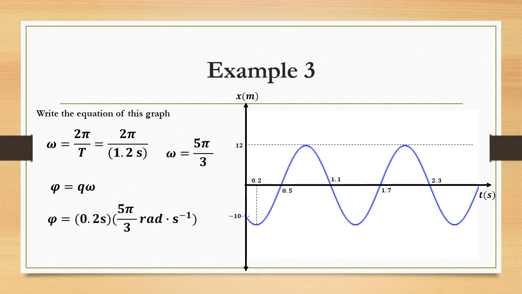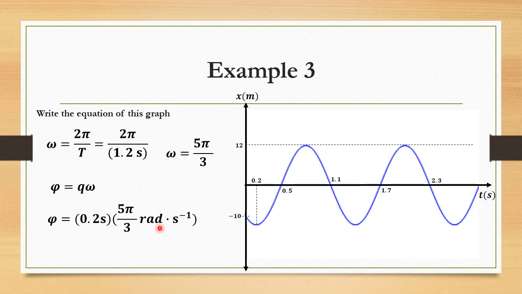I want to do something with units here to show you why this comes out in radians. Q, remember, is the amount of time that passes, so that's just in seconds. And then this is omega. Omega was found up here by doing 2 pi, which is unitless, just a constant, over seconds. You could say inverse seconds, which is hertz, or radians per second, which is what I did.